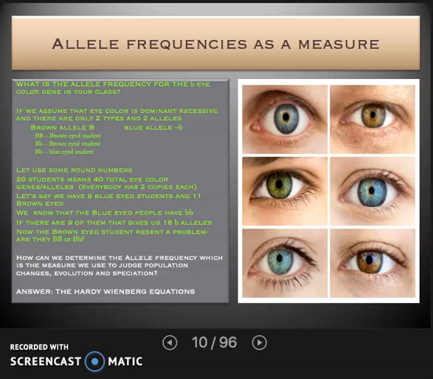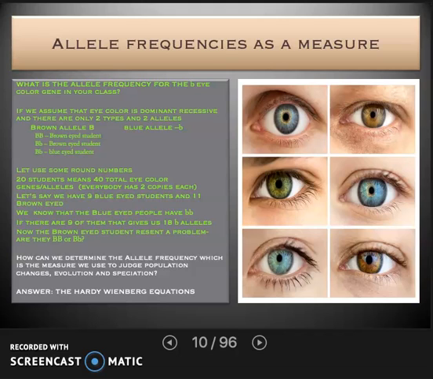So if we just said that we had 20 students, that means they have 40 eye color genes. We get two of each. Let's say that 9 of the students have blue eyes and 11 have brown eyes. Well, what's the allele frequency of the blue eye gene? Since there's 9 of them, that means they have 18 blue eye genes. I know what the blue-eyed person's genotype is because it's the homozygous recessive.